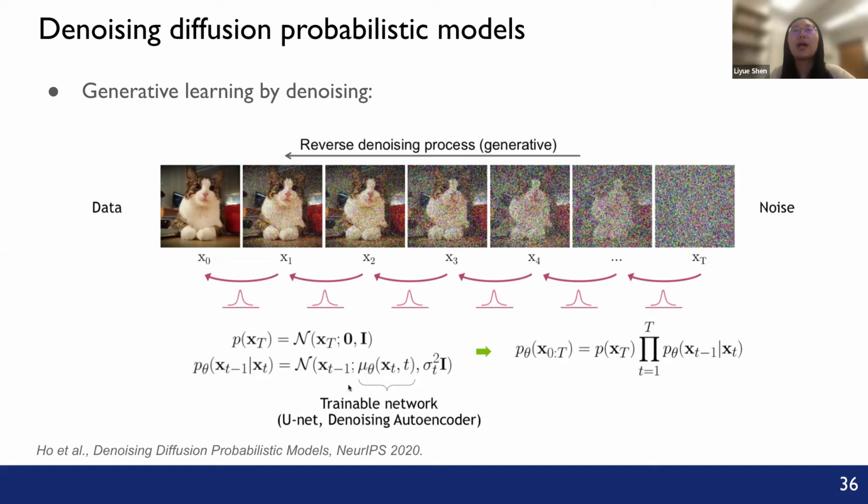And how can we know the mean and also the variance for this conditional distribution? That comes to the network training, where we use a denoising autoencoder to estimate what the mean values for the denoising should be in each of the steps in the reverse process of the diffusion.